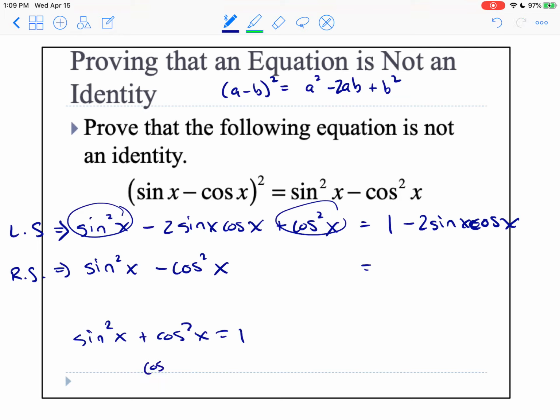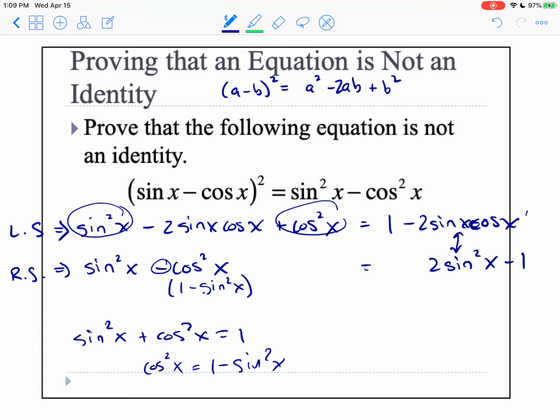That means I can rewrite cosine squared x as 1 minus sine squared x. I don't know that that's going to help me, but maybe it will. So if I rewrite this, I get sine squared x minus a negative sine squared x, which is 2 sine squared x. And then I have this minus 1.